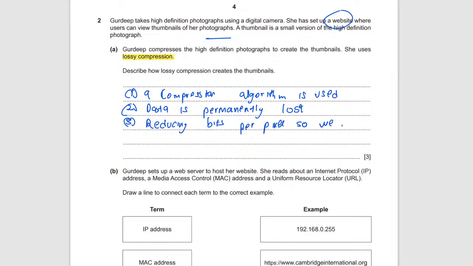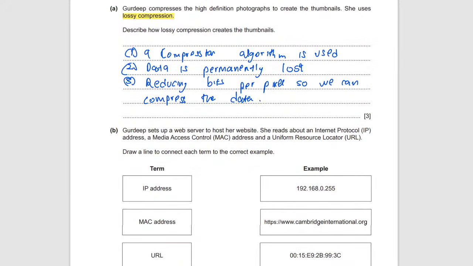So we can compress the data. That gives you 3 marks. You can also mention something about reducing image resolution or something like that. That will give you your marks.